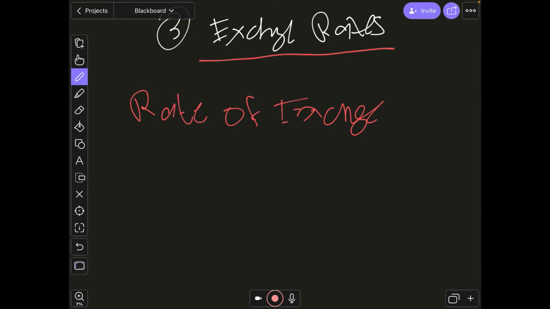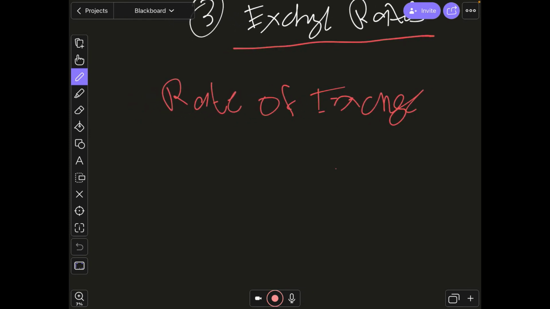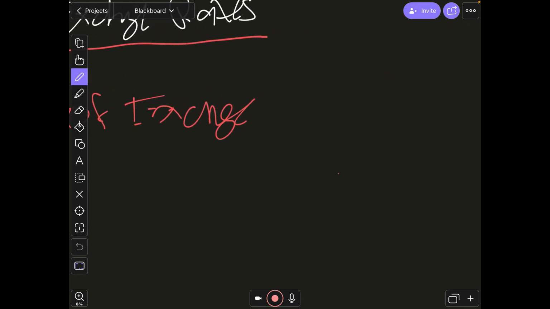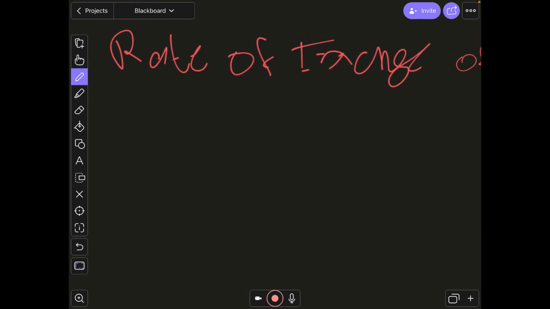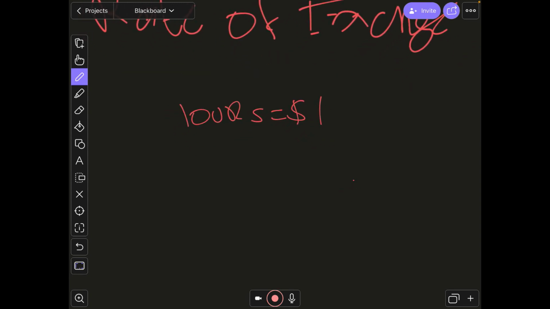Well, in economics, the rate of exchange of currencies. Let's take an example of Pakistani rupee and US dollars. In this case, if I had $1 US, I would be able to buy 100 Pakistani rupees. So this is the rate of exchange.